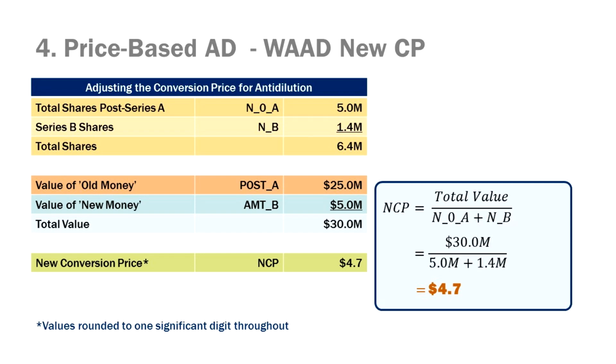This total is divided by the total number of shares outstanding before adjusting for anti-dilution, or 6.4 million shares. The sum of the 5 million shares through the Series A round and the additional 1.4 million shares to be issued in round B. Dividing 30 million by 6.4 million shares gives a new conversion price under weighted average anti-dilution of $4.70 per share.